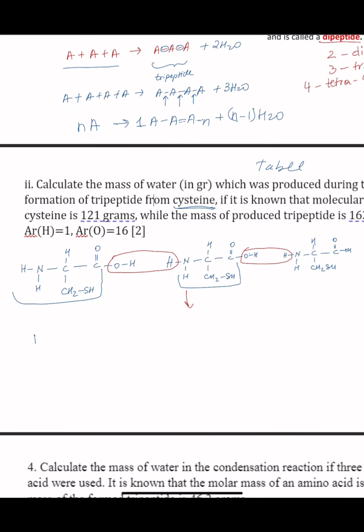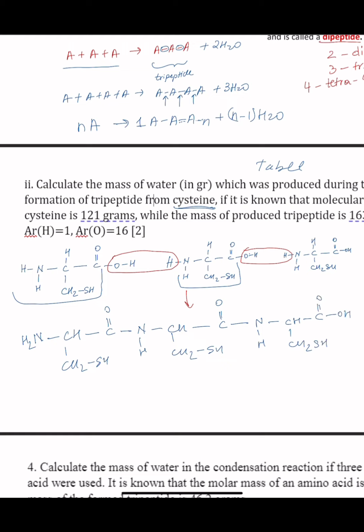Like I can write NH2 and then CH2 SH, and then I will write CO double bond, and this will be NH, CH2 SH, CO double bond, and then NH like that, and then CH2 SH, and then COOH.